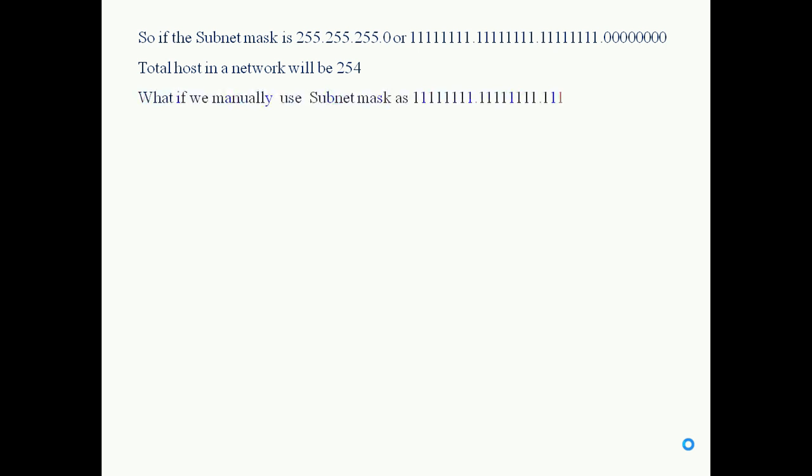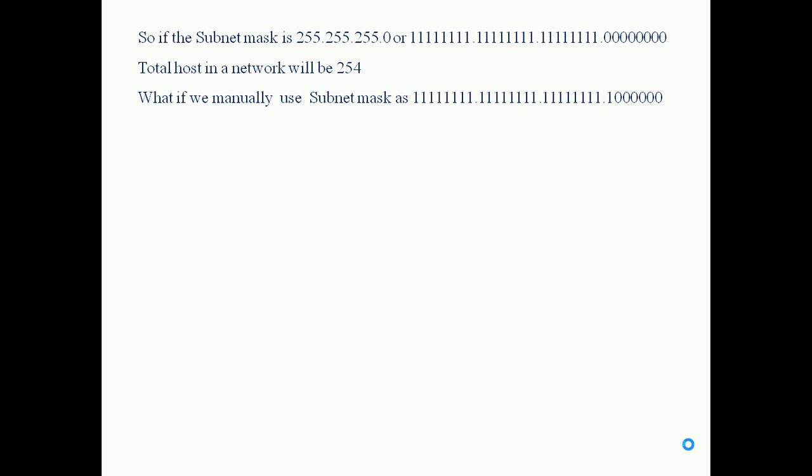What if we manually use the subnet mask 255.255.255.128? There is a subnet mask I have given there. Actually that is not a 24 bit subnet mask, this is a 25 bit subnet mask.